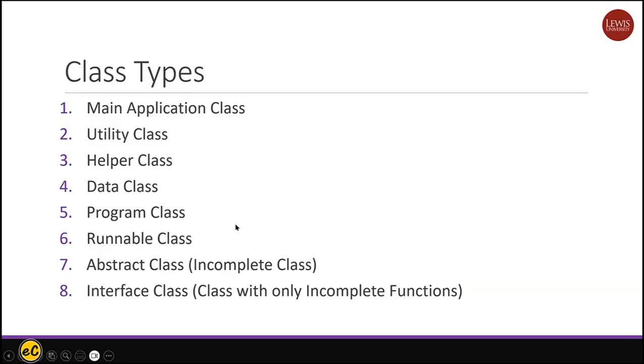Okay, so we talked about what a class definition is and how to use it. Second, we talked about different types of classes. Some classes are used for the main function, some for utility, some as helper classes, some for program classes. So there are a lot of different types of classes.